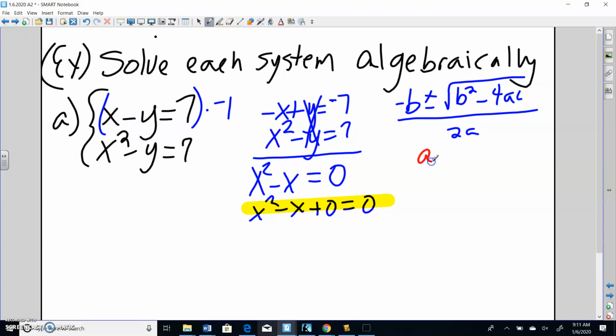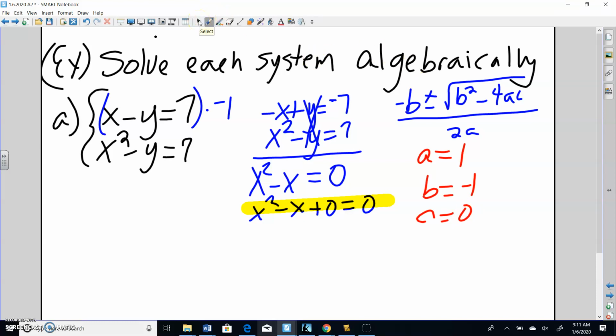So in this equation, what is the value of a? It's what's in front of x squared. How many x squared do we have? 1. So a is 1. b is what's in front of the x to the first, and that is a negative 1. And then c is 0. So our work's going to be cut down a little bit because the value of c is 0.